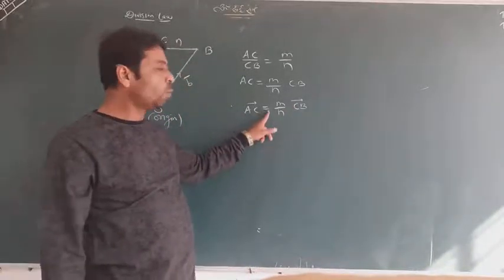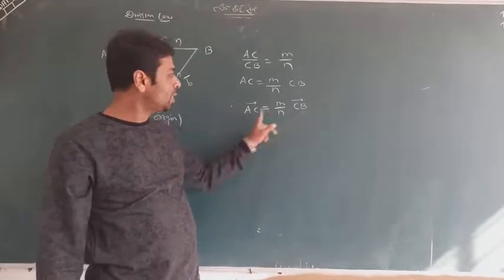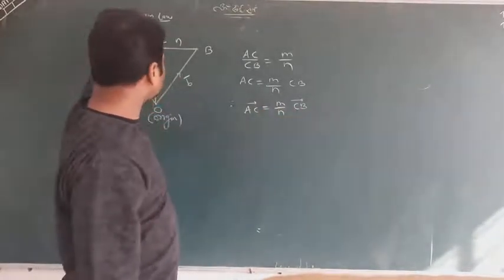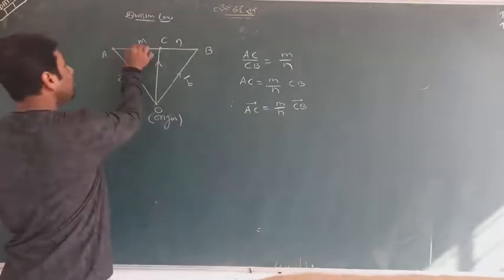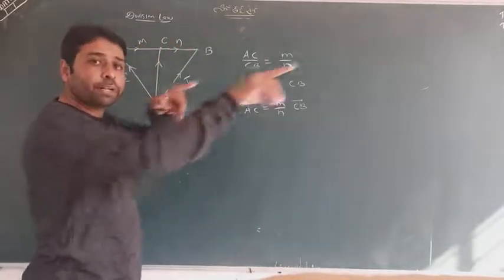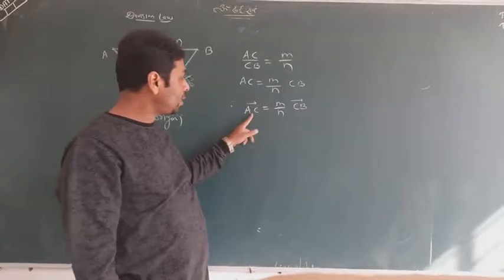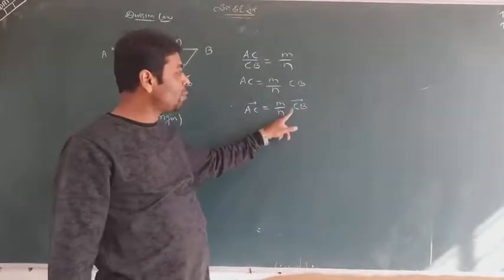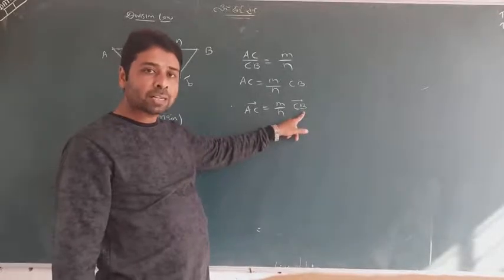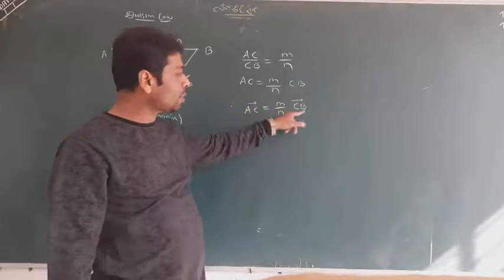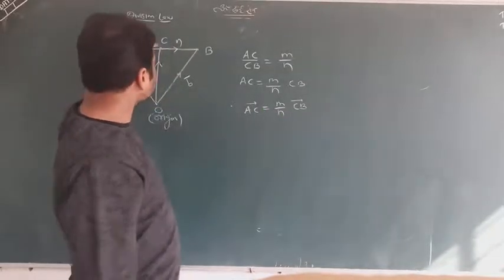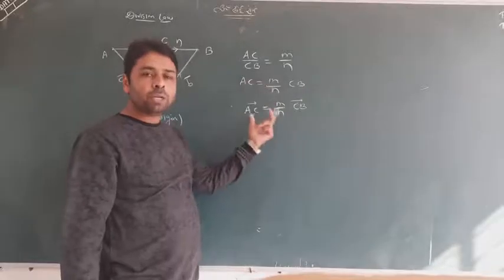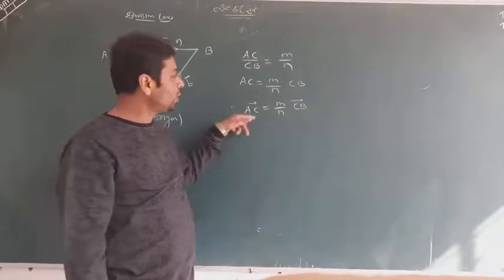Because whenever there is an equal sign between two vectors, it means these two are parallel vectors. But C is a common point, so they will be collinear. And if I take the same direction, then AC is some times CB, as the direction of AC and the direction of CB will be the same. So the meaning is not changed.